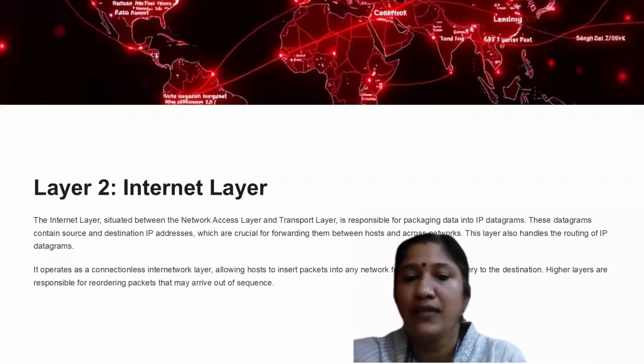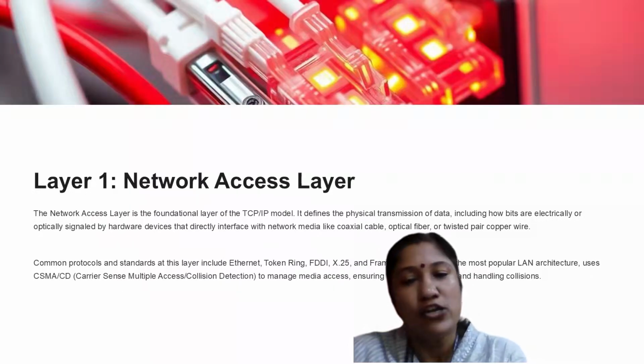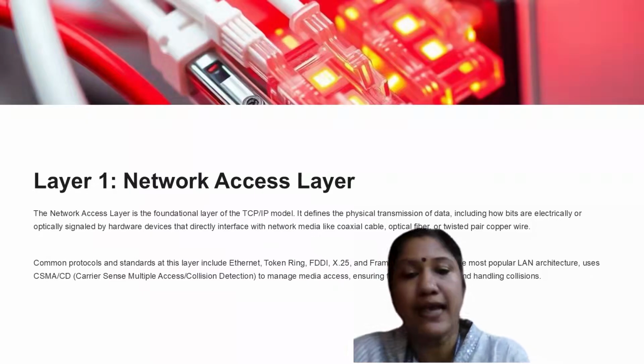Then coming to the lowest layer, layer 1, known as the network access layer.